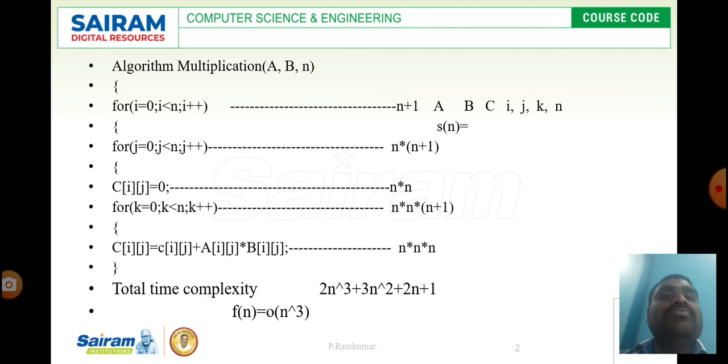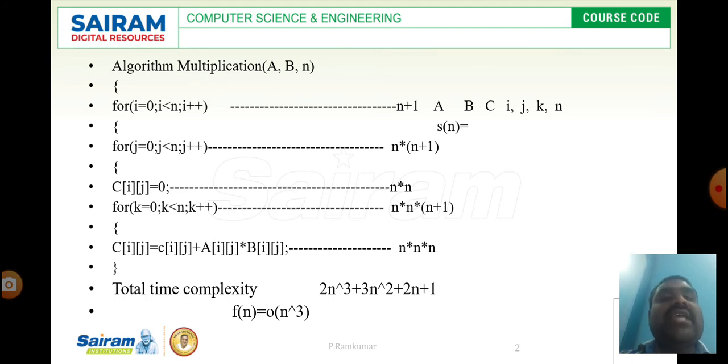In this for loop, j plus plus is executed n number of times. So whatever statements are under it will be executed n number of times. Again I am multiplying: the initialization c of ij equal to 0 is n number of times, the k loop is also n number of times, the computational part is also n number of times, but this j loop will be executed n plus 1 number of times. That's what I have written, n star n plus 1.